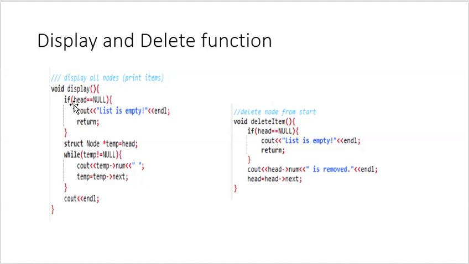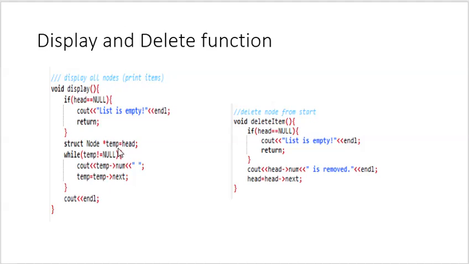Then we create a temp. As we have written creating a node with the structure, so struct node *temp is another pointer which will display all the nodes. For example, if the linked list is empty, it will just display in the output that the list is empty.